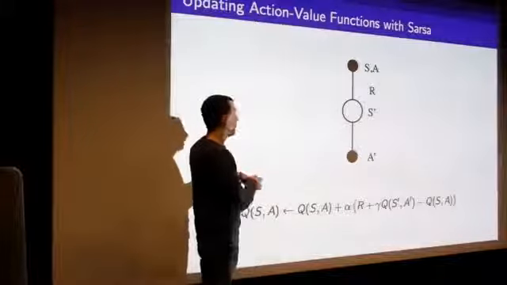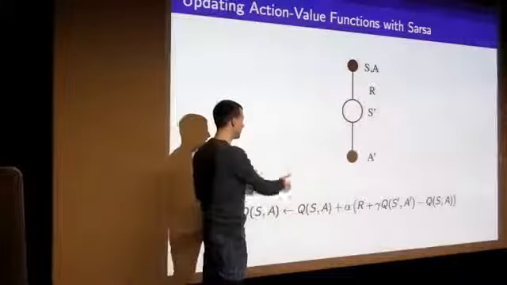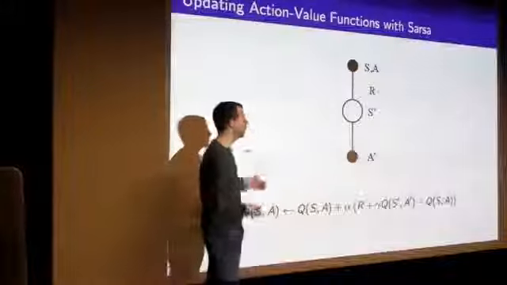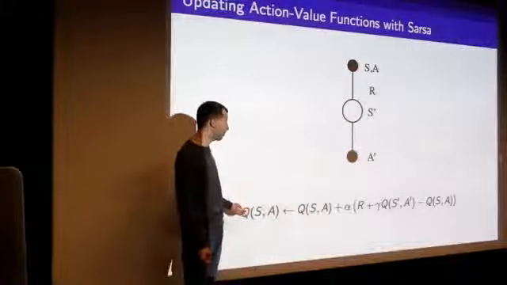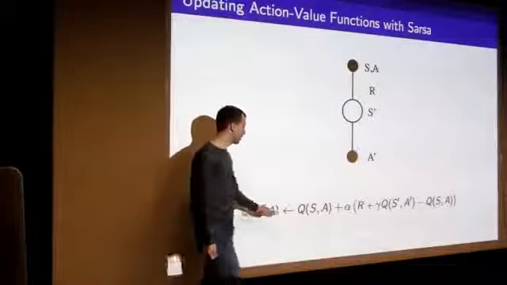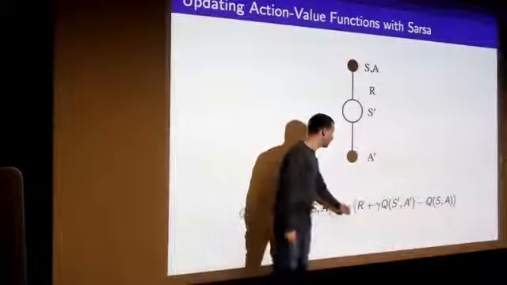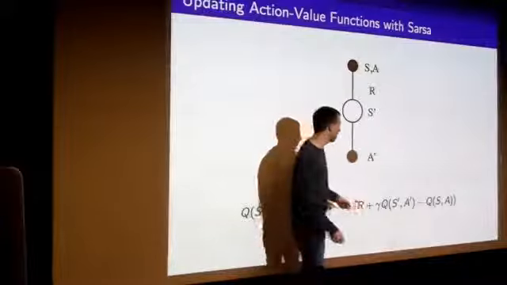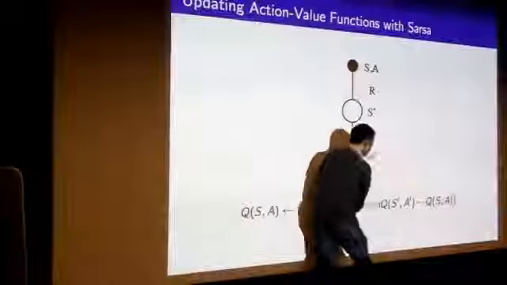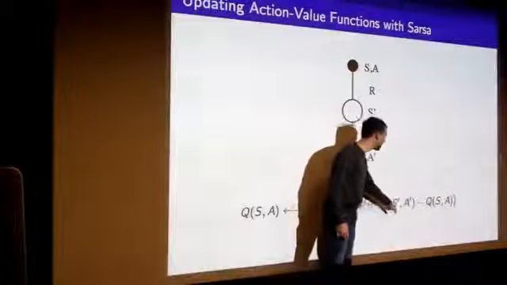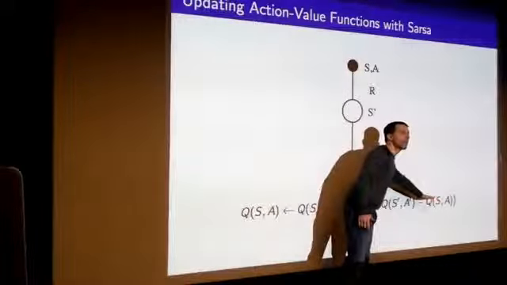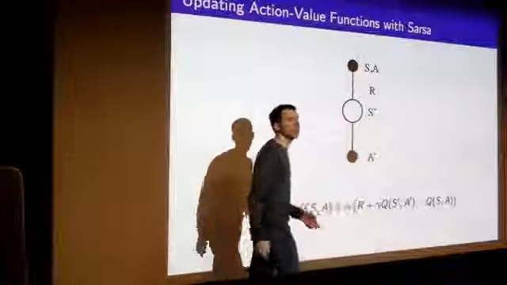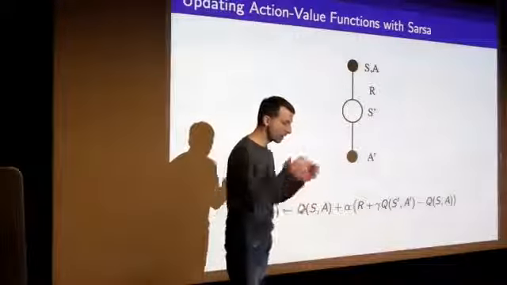Okay. So SARSA basically indicates a particular update pattern that we're going to use. And so what do we do? Well, we're basically going to start with our Q values. We're going to move our Q value a little bit in the direction of our TD target, reward plus our discounted Q value at the next state, minus the Q value of where we started. So again, it's like I was in some state and I'm considering taking some action.